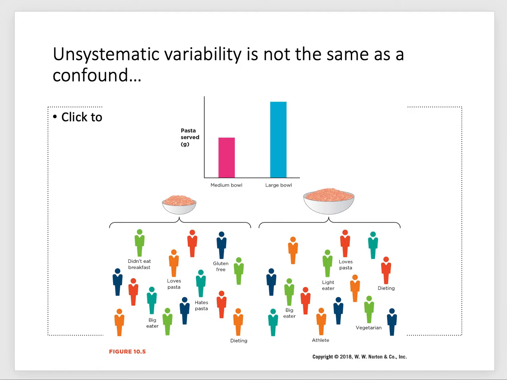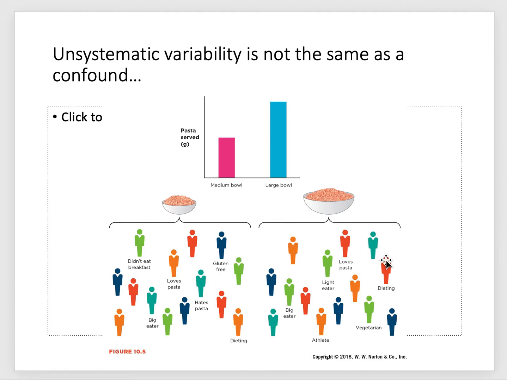All right, so we can see here all of these are the different people who are participating in our pasta study. This person here is gluten-free. They're going to have an issue, right? This person hates pasta. This person is dieting. So we're going to expect these people maybe to not eat as much. This person didn't eat breakfast. This person loves pasta. This person likes to eat. All right, these people we're going to expect to probably eat more.